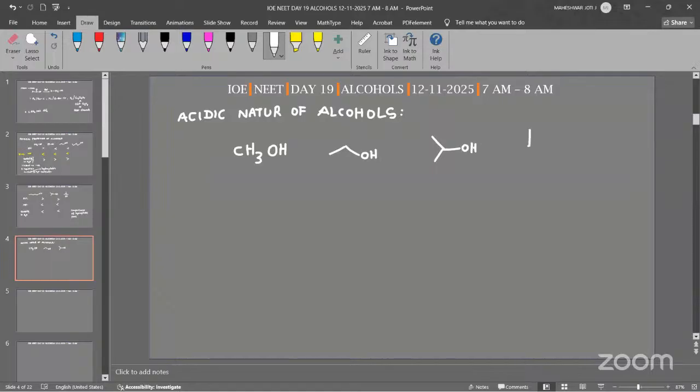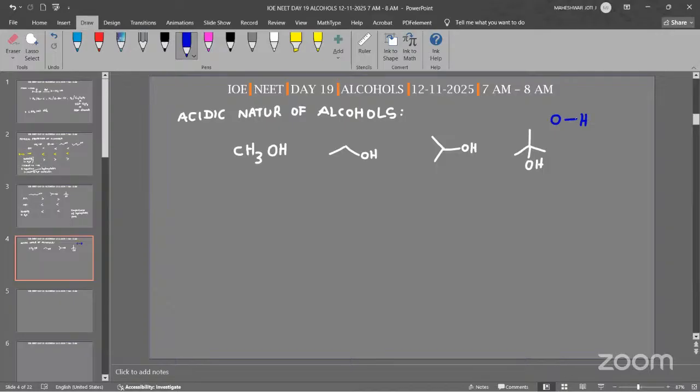Next, tertiary butyl alcohol. First, let us see the basic concept of acidic nature. See, the acid which can donate proton easily is a good acid. In alcohols, there is hydrogen bonded to more electronegative oxygen.